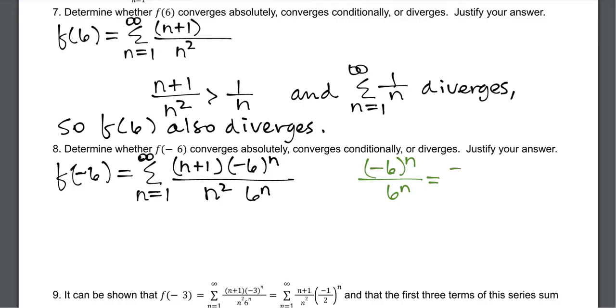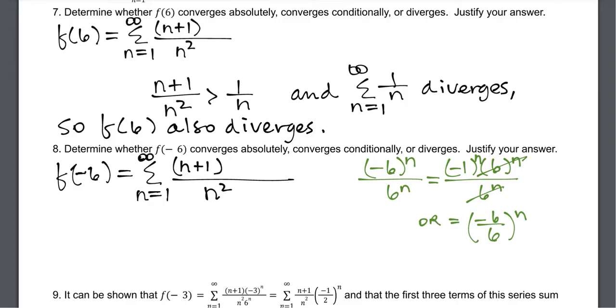So I could say that's negative 1 to the n times 6 to the n divided by 6 to the n and cancel that way. Or because both of these are taken to the nth power, I could say this is equal to negative 6 over 6, to the n. Either way, we need to cancel this off and realize that this is negative 1 to the n, which is going to cause the thing to alternate in sign.